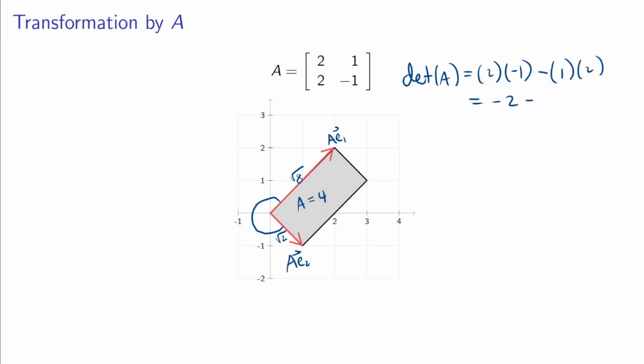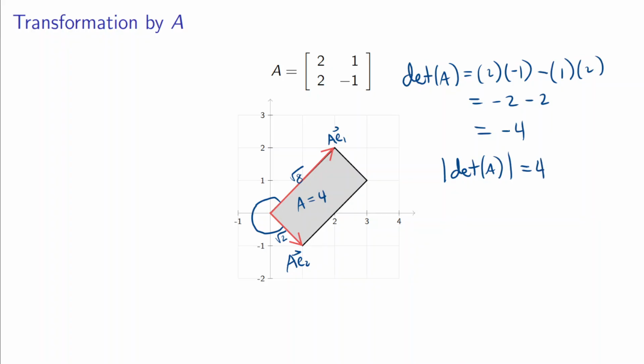So that's -2 minus 2. So it's -4. So we see that we get a negative value, and that is because E1 and E2 again ended up, after they got transformed, negatively oriented. But we see that the absolute value of that determinant is still 4.